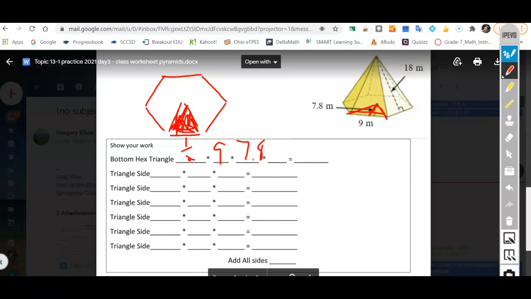Why is there another blank? Excellent, yes. Because remember, when you're breaking this up into triangles, a hexagon will end up with 6 triangles. So we got to multiply by 6. So 1/2 times 9 times 7.8 times 6 is what, Amir? 210.6.